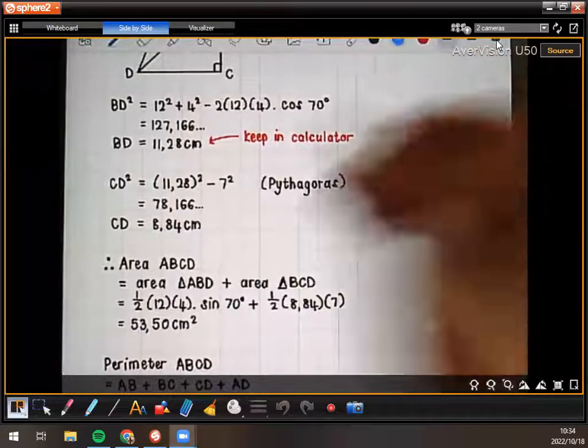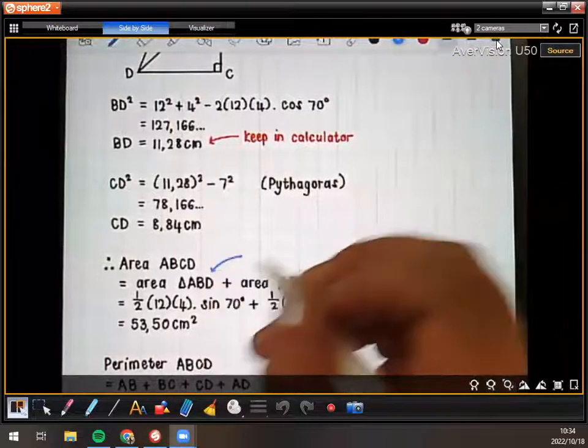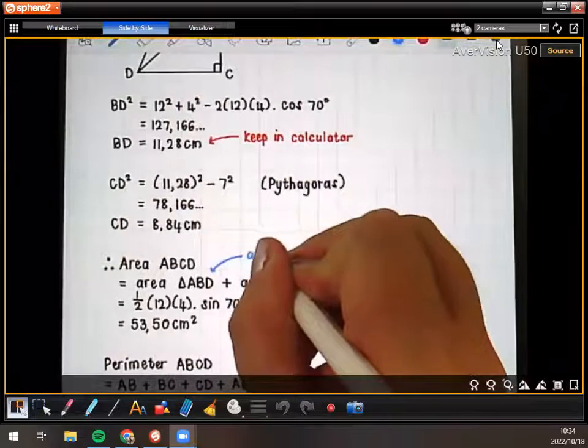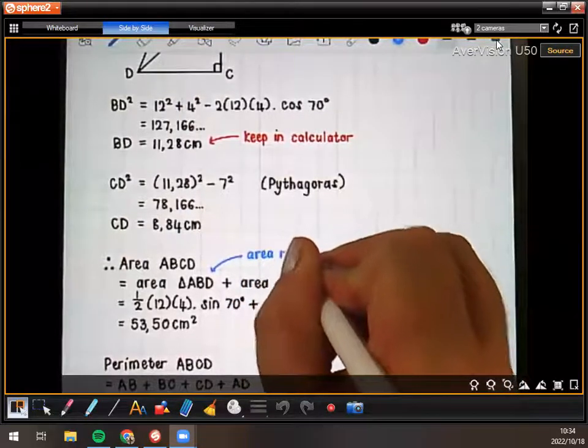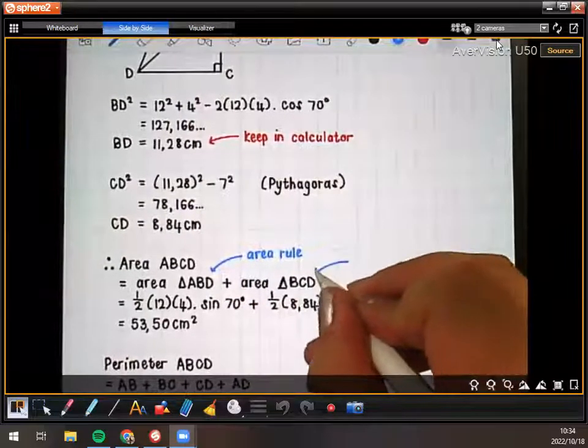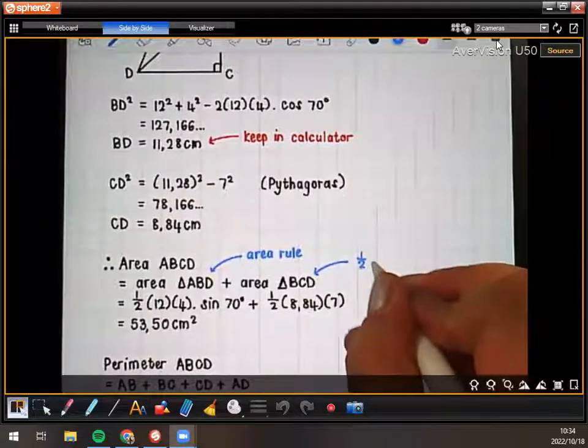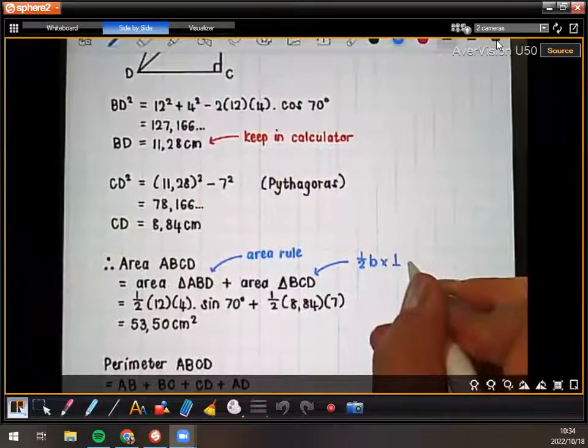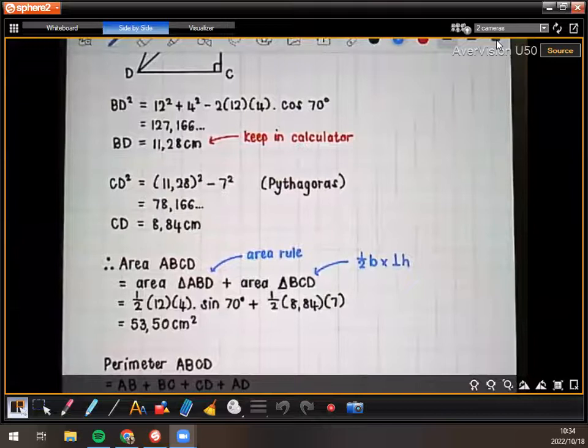So this area calculation was using the area rule, and this one was using half base times perpendicular height. One triangle was not a right angle triangle, so you have to use the area rule for that one. The other one was right angle.